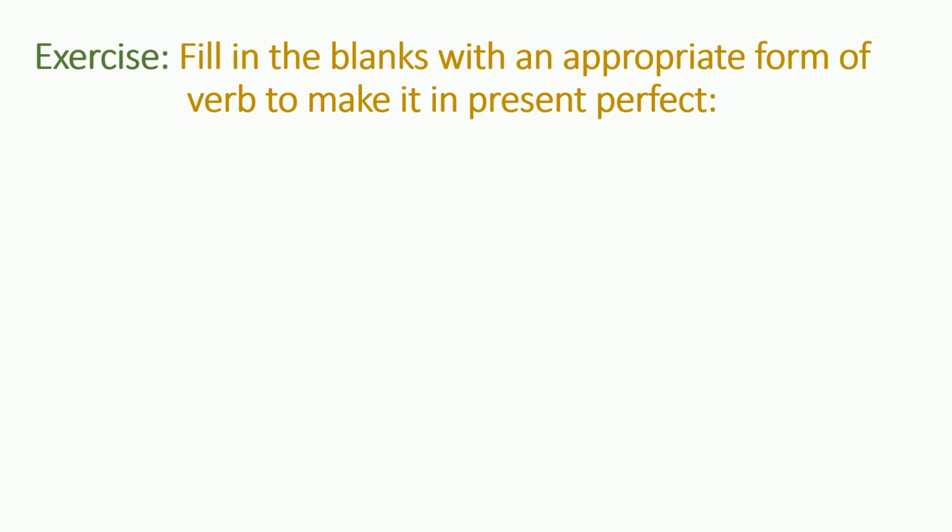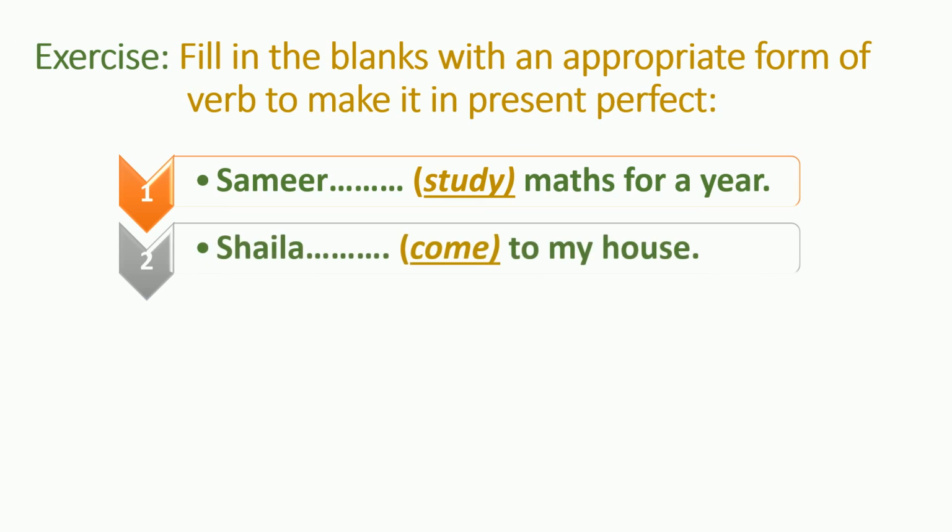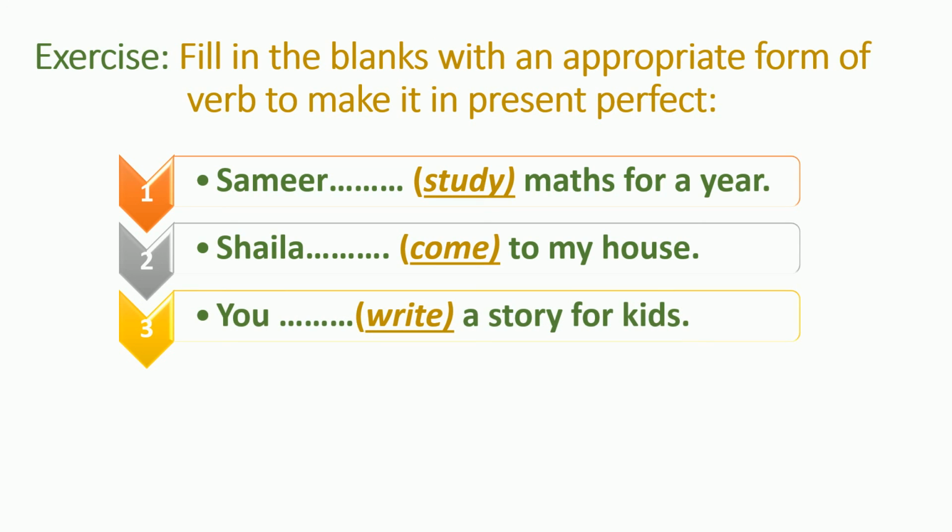Here, there is an activity for you regarding present perfect tense. In the first sentence, Samir dash dash maths for a year. Here, you have to use the verb study. In the second example, Shaila dash dash to my house. Here, you will use the verb come. In the third example, you are supposed to use the verb write in the sentence you dash dash a story for kids.